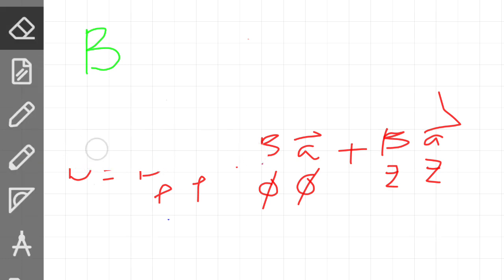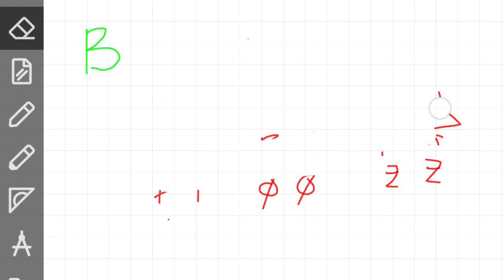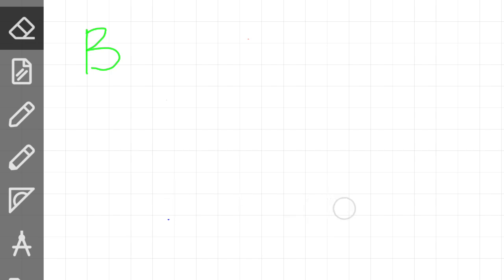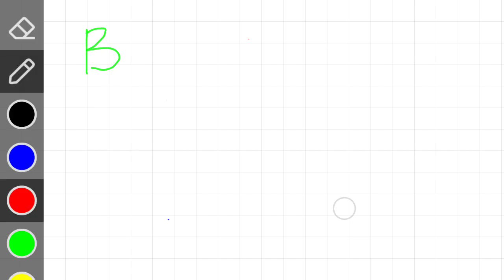Let us consider the same vector B, and let us transform this vector into the spherical coordinate system. Let us represent this vector in the spherical coordinate system.